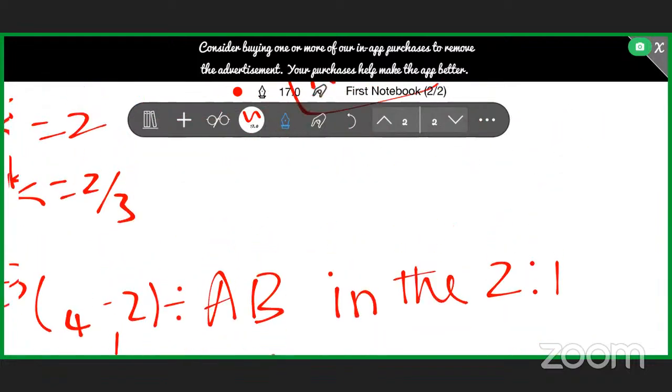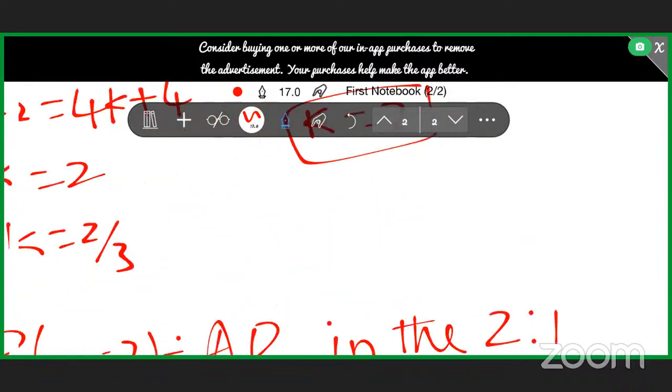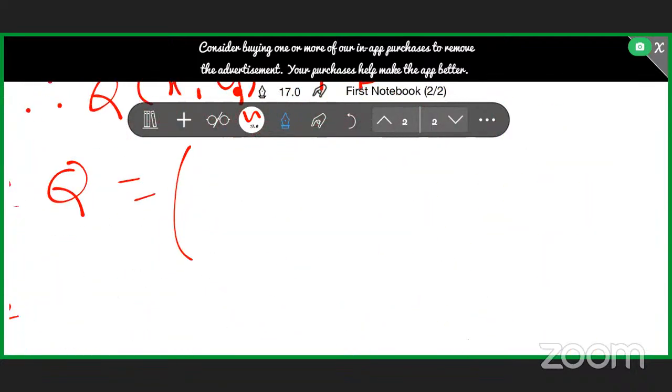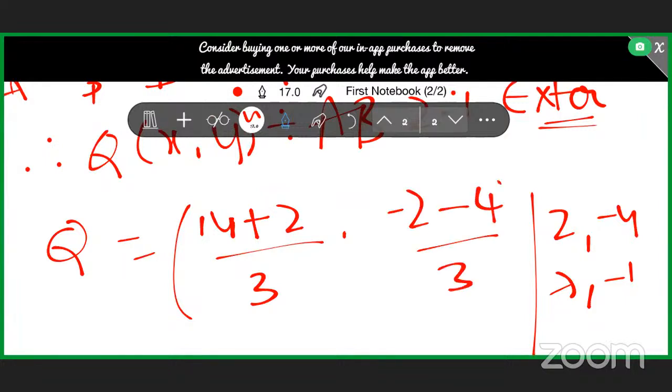A is 2 comma minus 4 and B is 7 comma minus 1, and m is equal to 2. So it is 2 into 7, 14, minus 2, divided by 3, comma, 2 into minus 1, minus 2, minus 4, divided by 3.